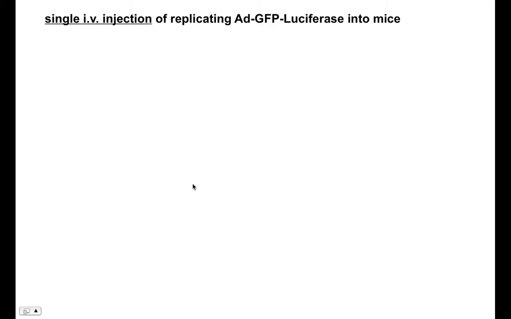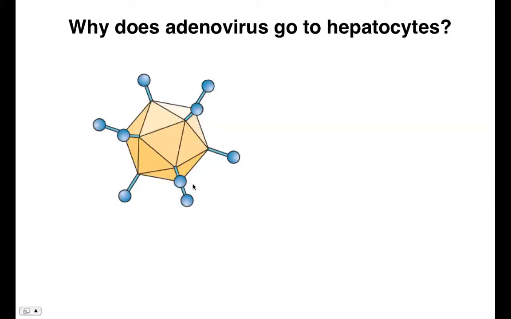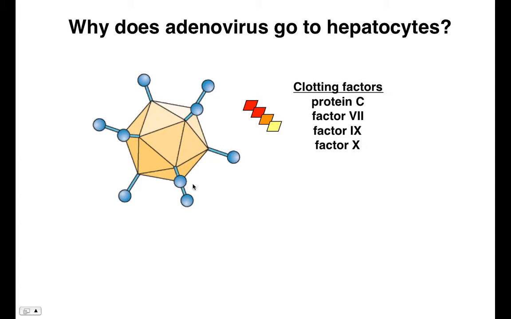So what happens in vivo? A single injection of replicating adenovirus luciferase in mice. You get a nice little picture. Why does adenovirus go to hepatocytes? Wow. So these clotting factors are protein C, factor 7, factor 9, and factor 10.